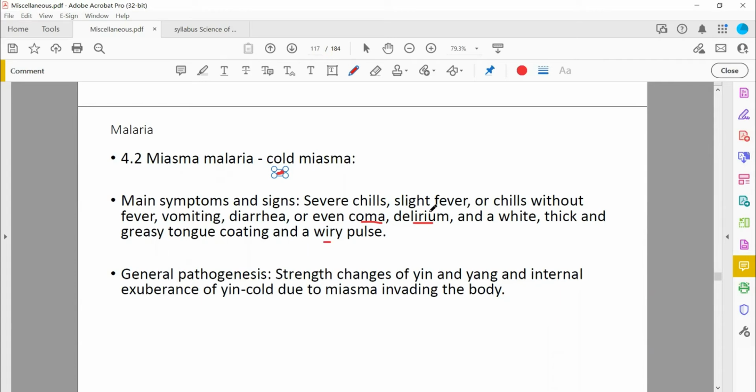It even just has a slight fever, but this patient still could be in coma, delirium. Right? So that means this type of malaria is relatively more severe than the types that we talked about.